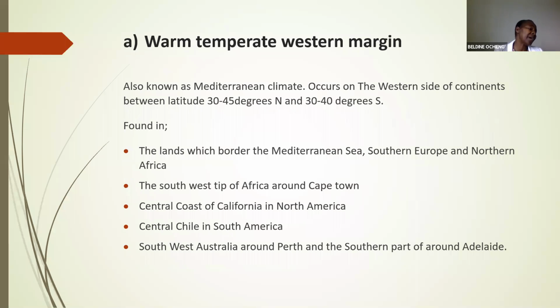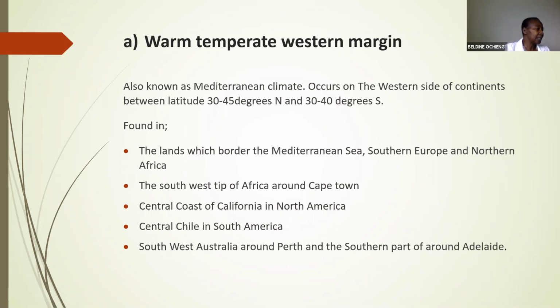Warm temperate western margin, to the west of the continent, also known as Mediterranean climate, occurs on the western side of the continent between latitude 30 to 45 degrees north and 30 to 40 degrees south.